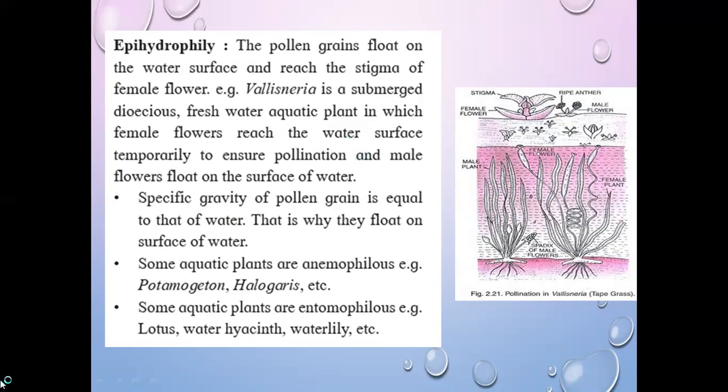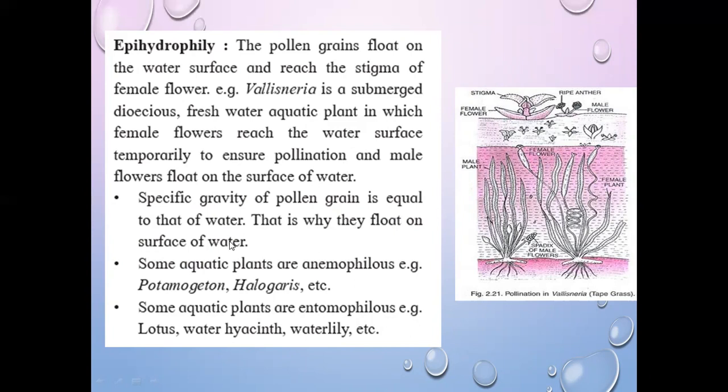Freshwater aquatic plant, it is present in fresh water like river, pond, lake, in which the female flowers reach up to the water surface temporarily. Okay, they enlarge their stigma and they reach up to the water surface temporarily to ensure pollination, and male flowers float on the water surface.